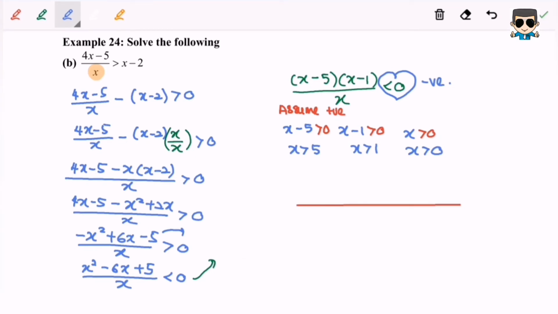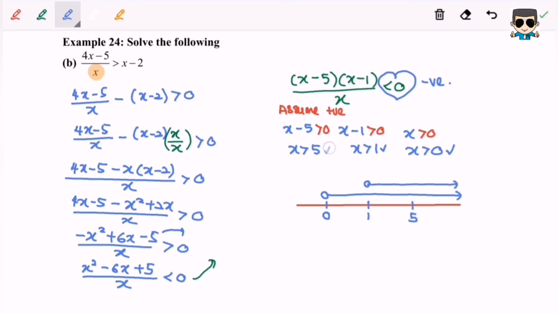Now I'm going to illustrate the situation in a number line. And I'm going to locate the number where we have 0, followed by 1, and finally 5. X greater than 0, empty circle, greater than 0 in level 1, followed by x greater than 1, another level, empty circle to the right.